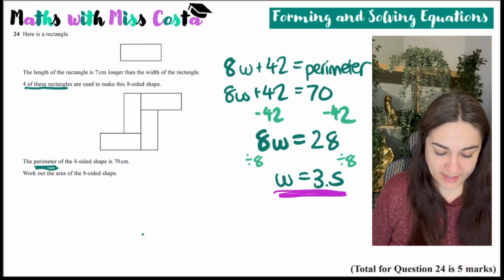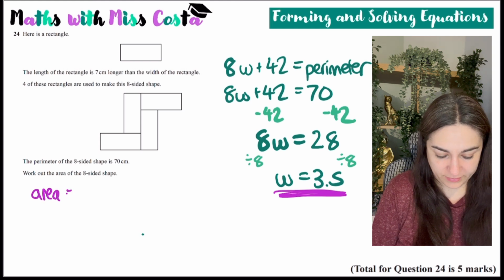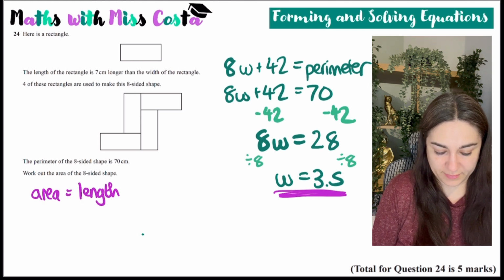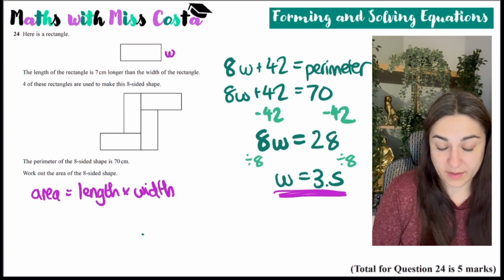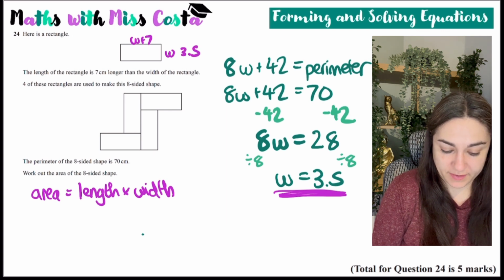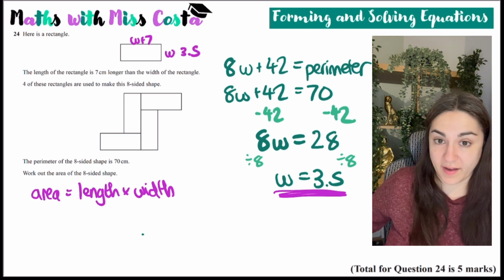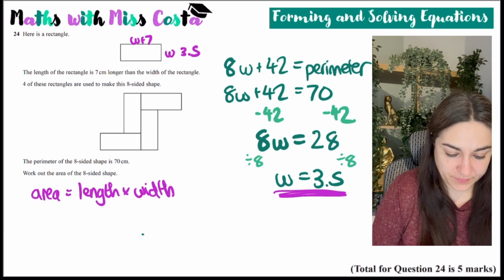So in order to work out the area of the shape, how do you work out area? Area is just length times by width. So I now know that w is 3.5, the width is 3.5, and w plus 7 is going to be 3.5 plus 7, which gives me 10.5.